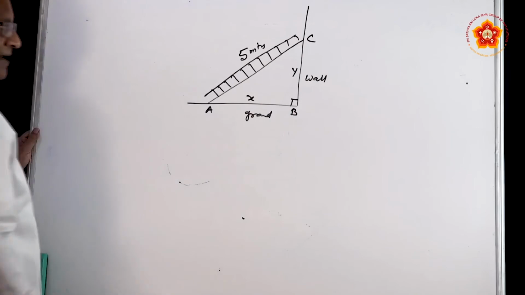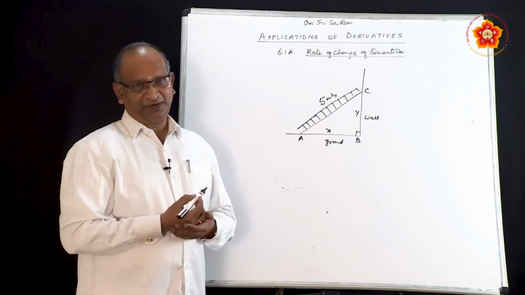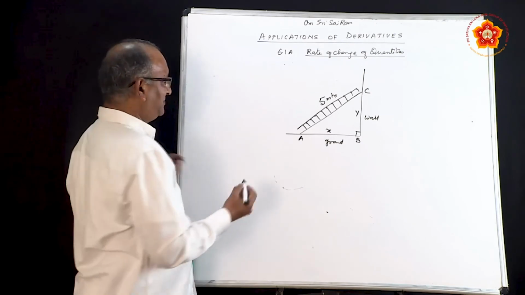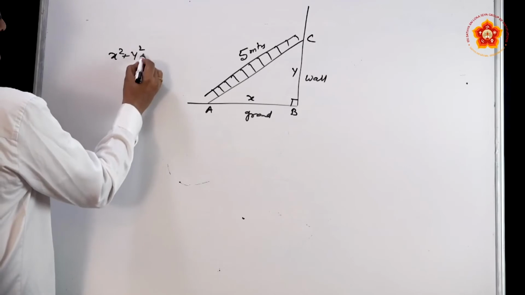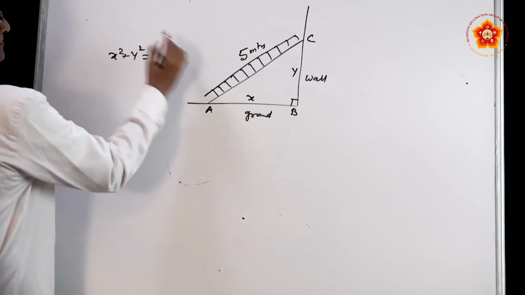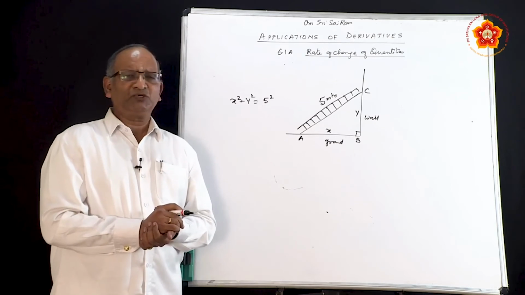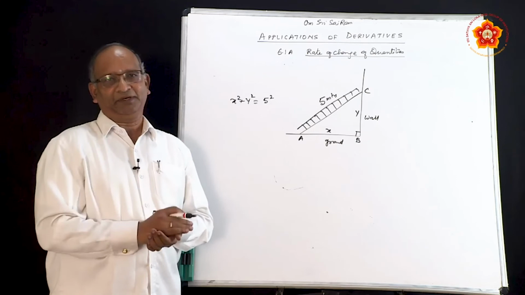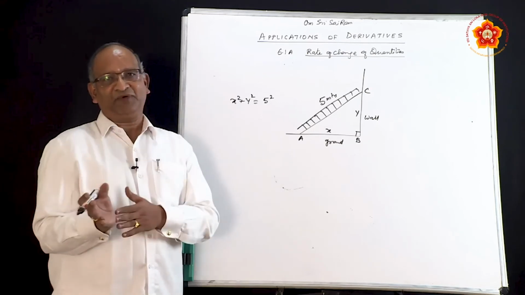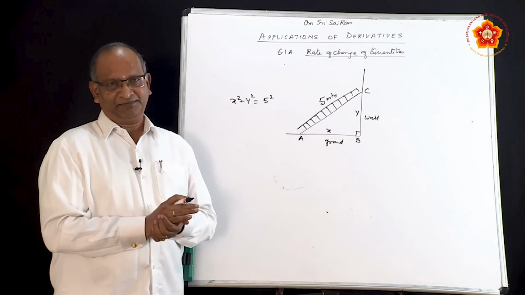You can see a right triangle, and immediately what comes to your mind? Pythagoras theorem. What does the Pythagoras theorem say? x square plus y square equal to 5 square. In what way is it useful? It is useful to find one variable in terms of the other variable. You can find x in terms of y, you can find y in terms of x by using this relation.